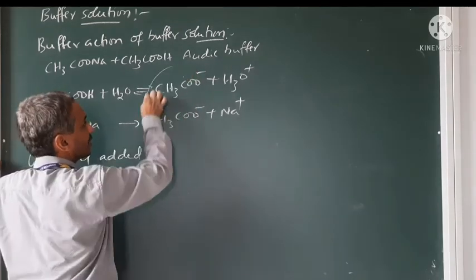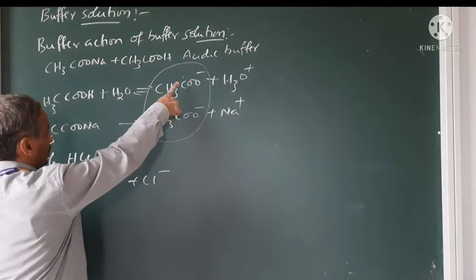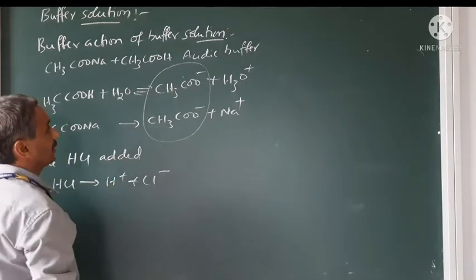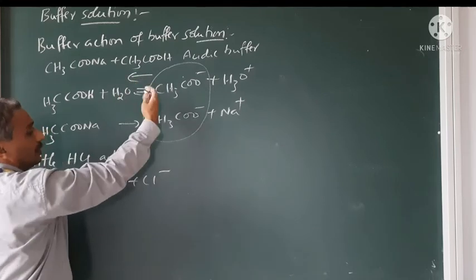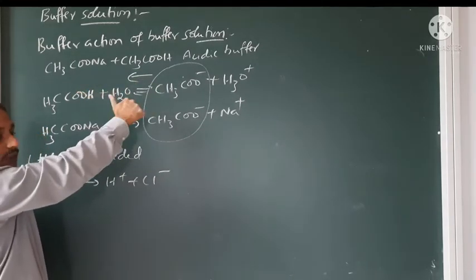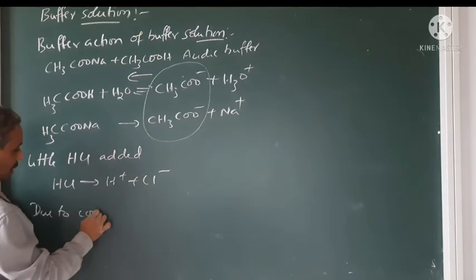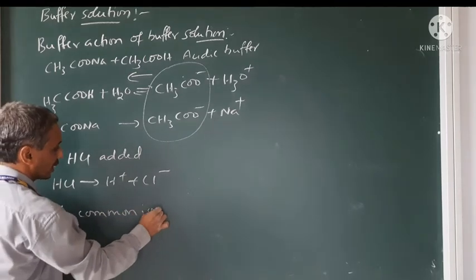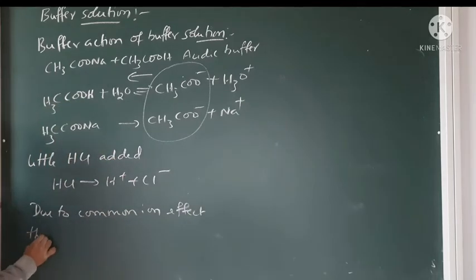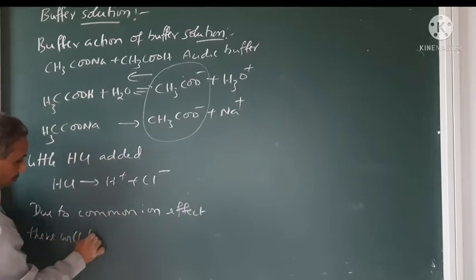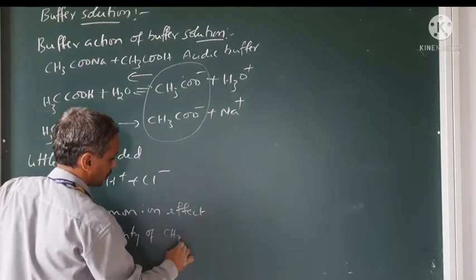See, there is a common ion effect. And because of this common ion effect, the dissociation of acetic acid reaction will be reversed to the backward direction, or to the left. So, due to common ion effect, there will be plenty of CH3COOH.